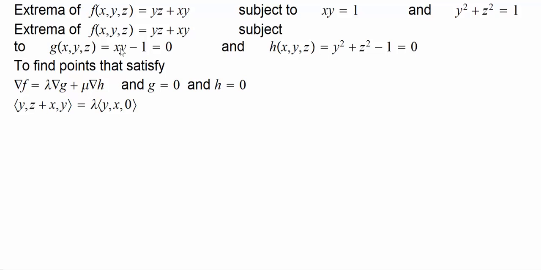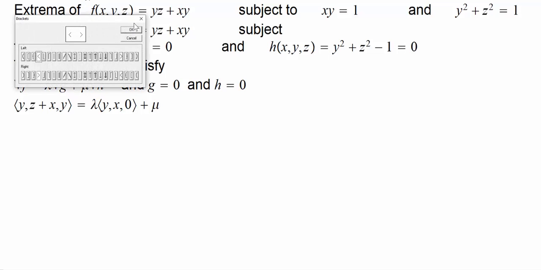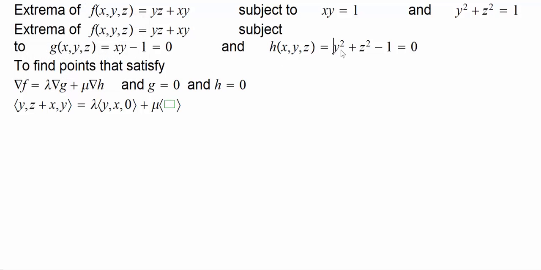Plus mu times the gradient of h, and there will be no x in here. So we will have a 0 here and 2y here, and then we have a 2z.